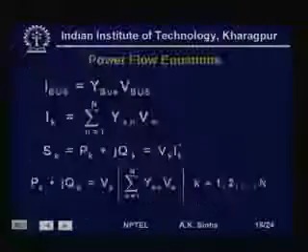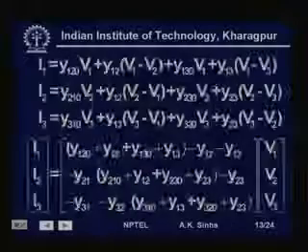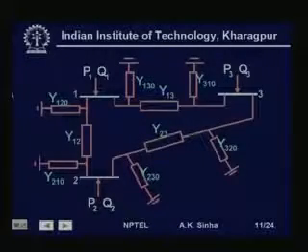So, if you see here, Y11 will be equal to y120 plus y12 plus y130 plus y13, all the admittances which are directly connected to this bus bar. So, this is how we can calculate or find out the diagonal element of the Y bus.